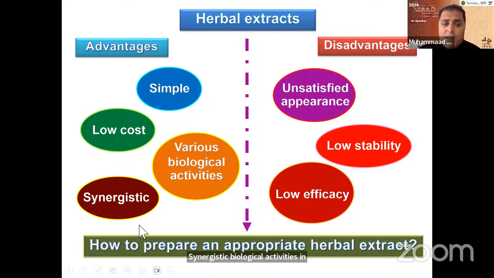So there is an opportunity for synergism. Synergistic activity means that, for example, if you are giving some compound for some therapeutic effect, a single compound can give you a lesser effect than if you give it in combination with another compound of the same or a different nature. They exert more effect in combination rather than their individual effect.